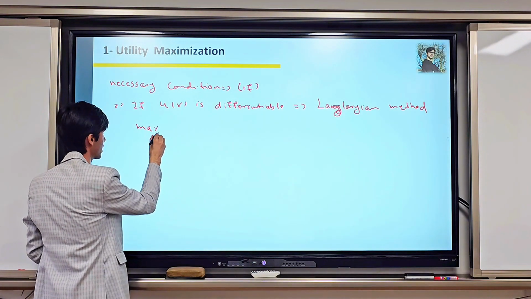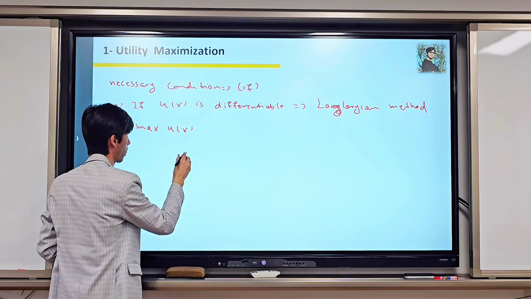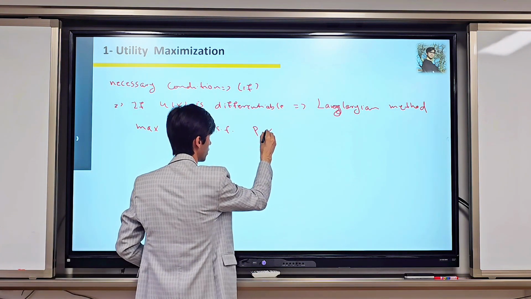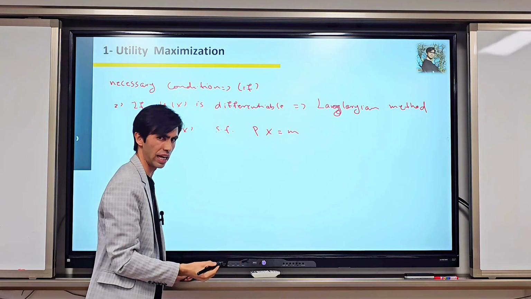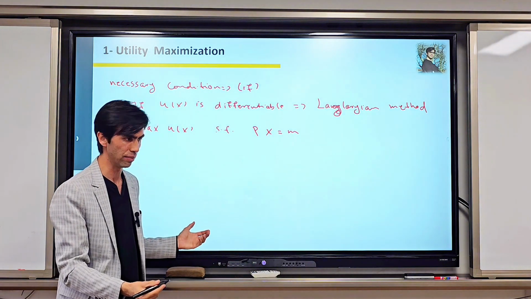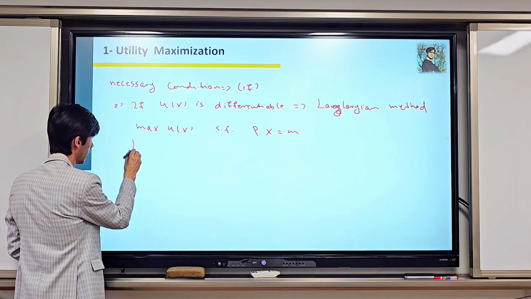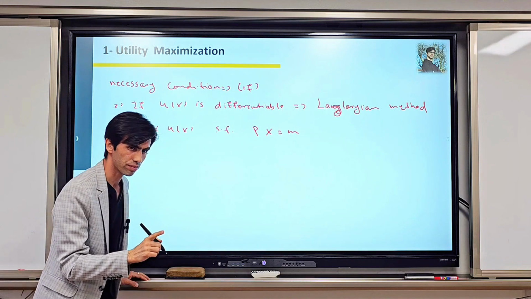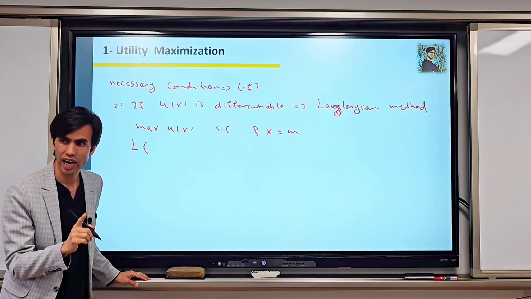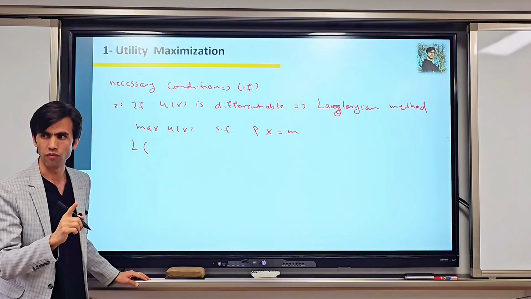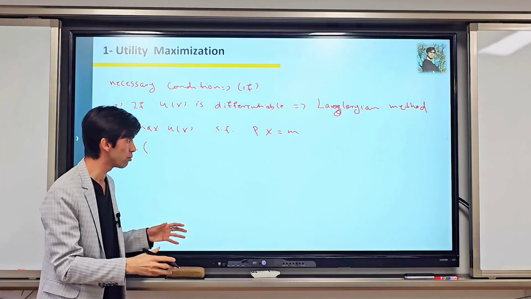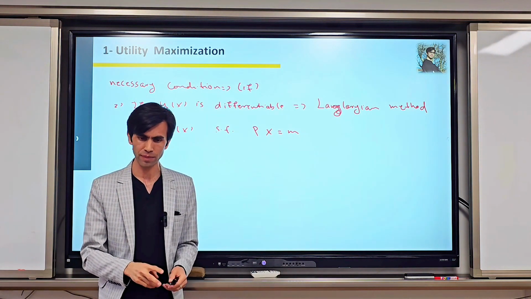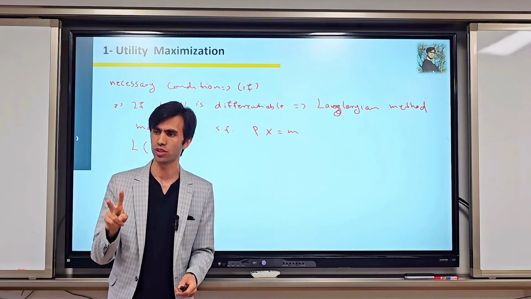So then our maximum of utility, which is U(x), such that p·x, now we just think about it as equal to m, or again less than or equal to m. So we can design a Lagrangian. When we design a Lagrangian, we need to clear our choice variables. What are choice variables? We are going to maximize our utility by choosing some optimal level of consumption.